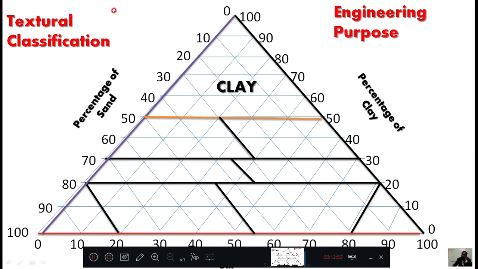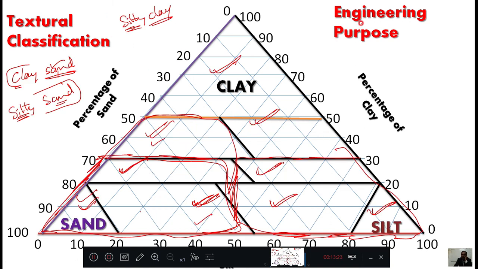Let us consider I have a clay soil content of about 38%, a silt content of about 12%, and sand I have 50%, therefore all three together make 100%.